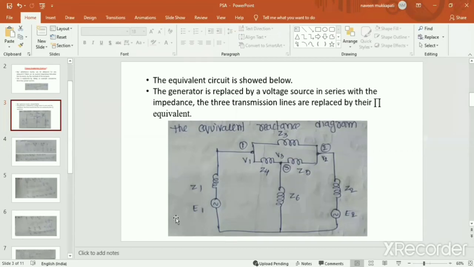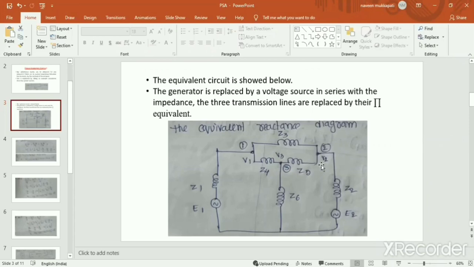That is (V1 minus E1) by Z1 plus (V1 minus V2) by Z3 plus (V1 minus V3) by Z4 is equal to 0. Okay, that is KCL at node 1. Next, write down the KCL at node 2.